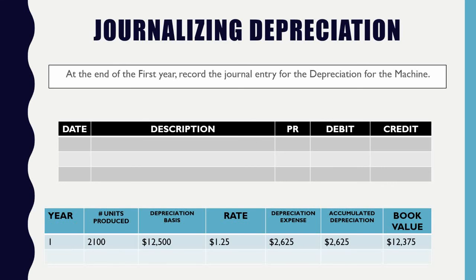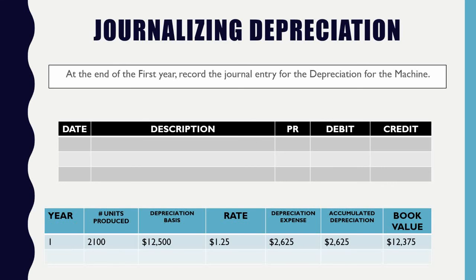You don't do it every day. You do it every month. Same thing with the bank reconciliation. We don't do it every day. You do it at the end of the month.